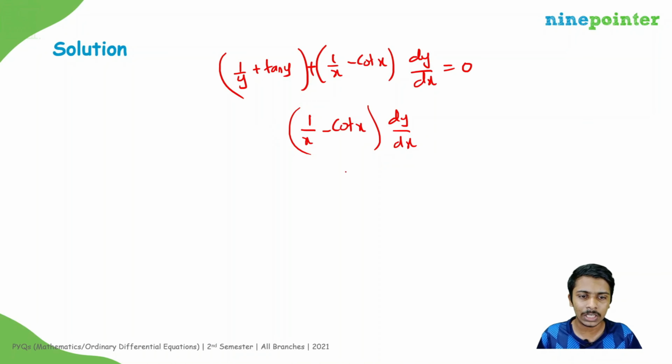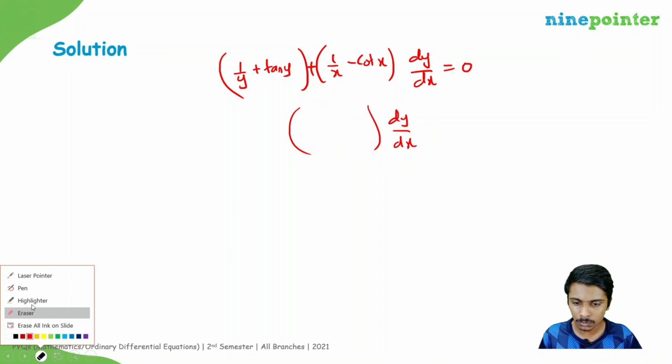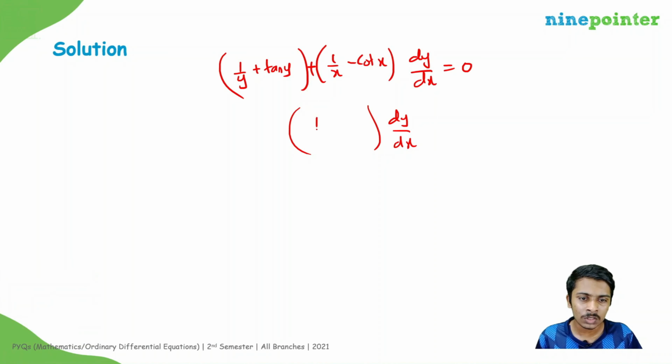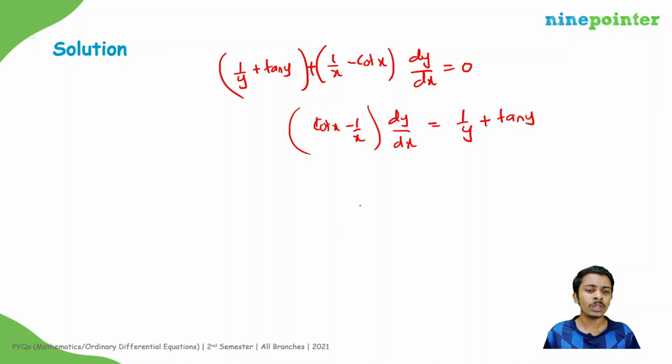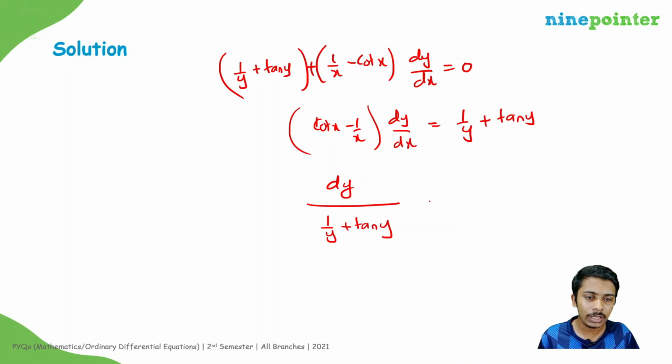It's negative, so let me rewrite the parts. So (cot x - 1/x) dy/dx = 1/y + tan y. Now rewriting, dy divided by (1/y + tan y) equals dx divided by (cot x - 1/x).